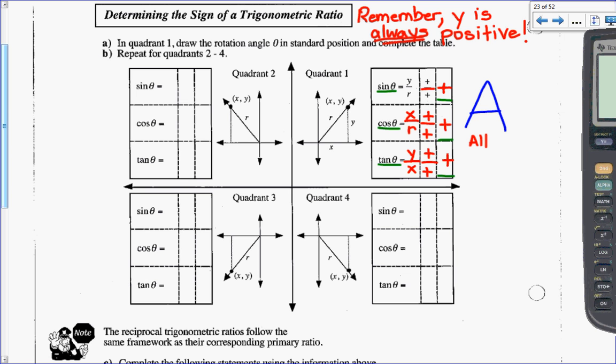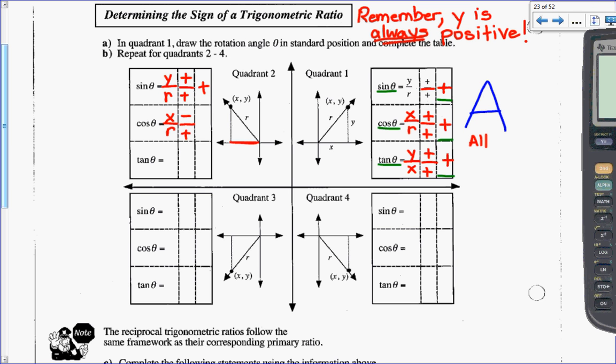Okay, let's have a look at quadrant 2. Again, sine is y over r, and in quadrant 2 our y value is positive, our r is always, always positive, so again that will give you a positive sine value in quadrant 2. Cosine is x over r, and in quadrant 2 our x value is negative, but our r is always, always positive.